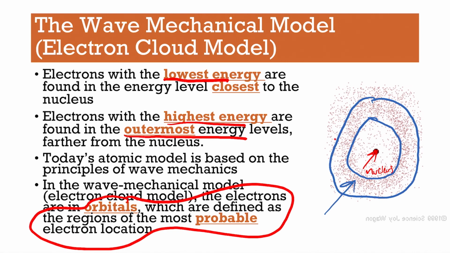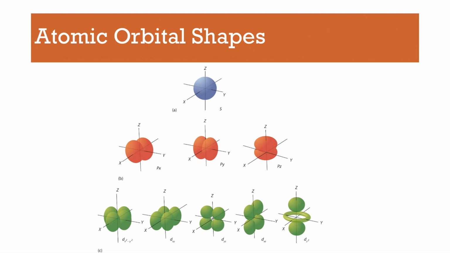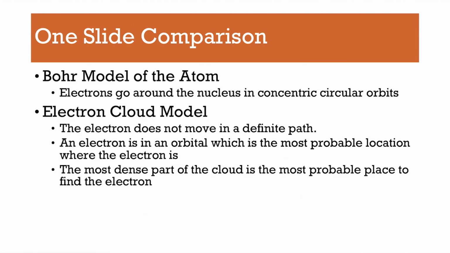So that's the most probable location of the electron, and that is what an orbital actually is. So orbitals come in different shapes, and this is as far as I'm going to get into this with you. If you ever move on to take AP Chem, you learn a lot of this in a lot more detail. But they do look like kind of balloon animal shaped things.